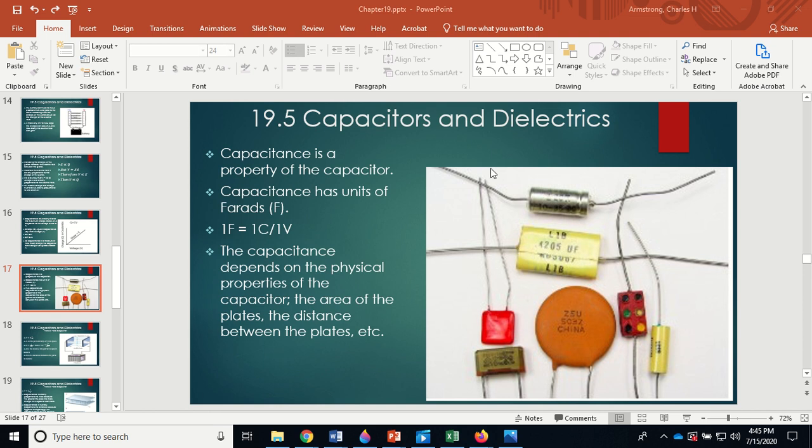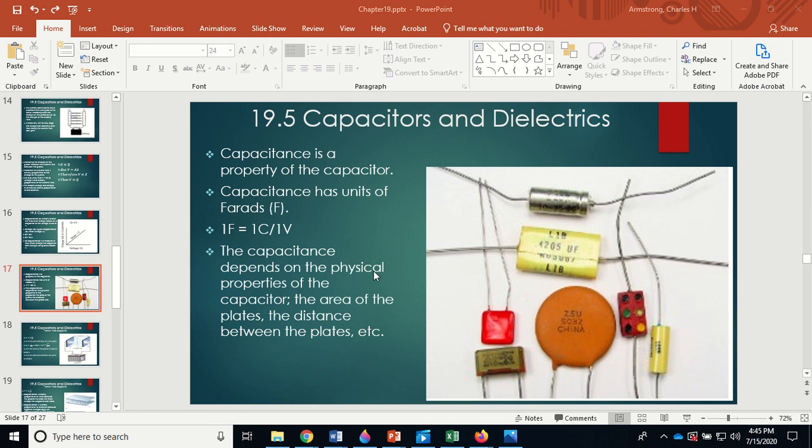What they would do is charge these capacitors up, so you'd have one plate all positive and the other plate all negative, and they'd toss it at somebody who wouldn't know any better, and they'd go to catch it, and it would shock them right in the hand because it would discharge. All you had to do was get both of these together, and it would discharge through your hand. So you get this big current going through your hand, and it would hurt. It would burn. That's what those guys did at Triad Systems Corporation. It was a bad company.